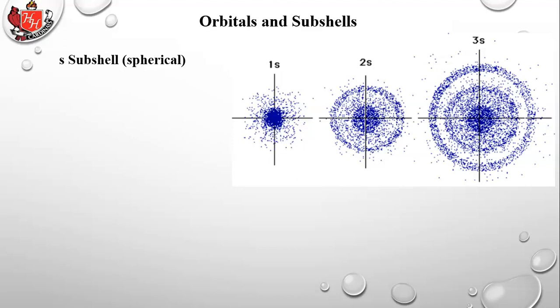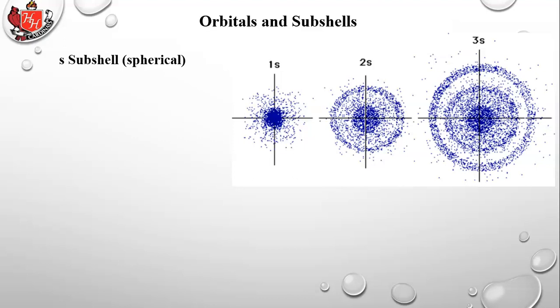And another strange thing that you don't really have to understand why, just understand that it is, is that it has what are called nodes. Notice that there's darker blue near the center of that axis there, and then it gets lighter, and then as you get out farther away, there's a circle that's darker again. So the electron actually has a greater probability of being found in that darker circle away from the center than it does in that lighter area closer in.